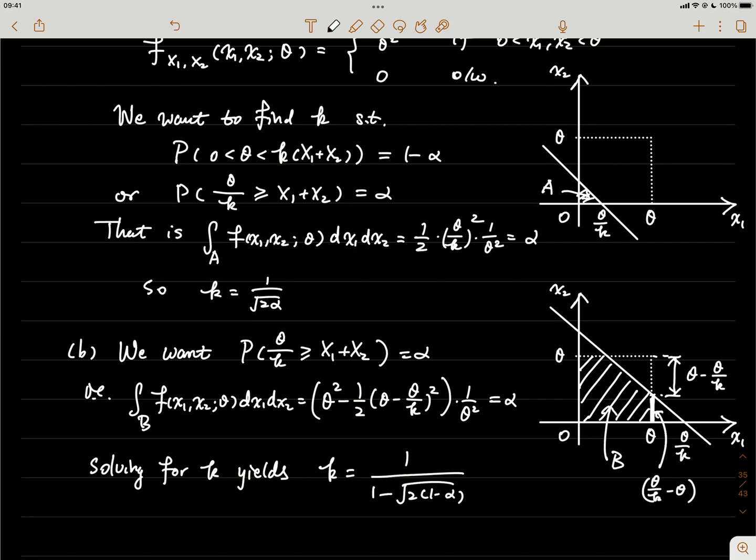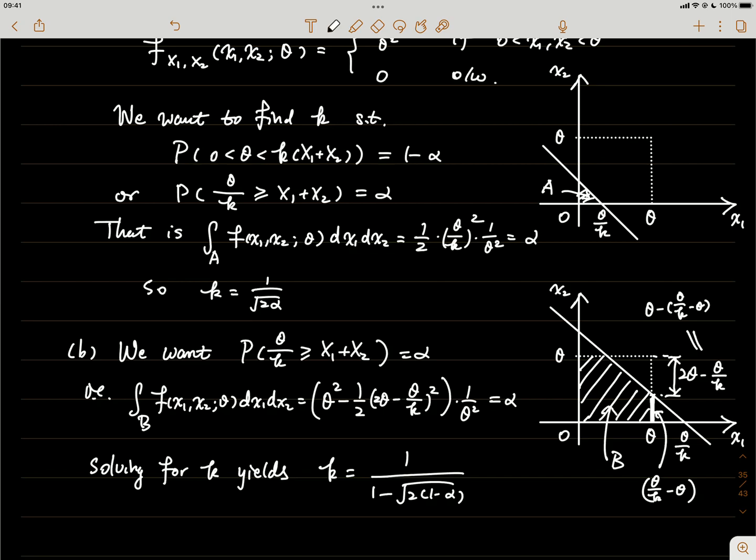That means this line here should be 2 theta minus theta over k, because it should be theta minus (theta over k minus theta). My apologies, this should be that. So the size of the triangle should be 1/2 times (2 theta minus theta over k) squared.